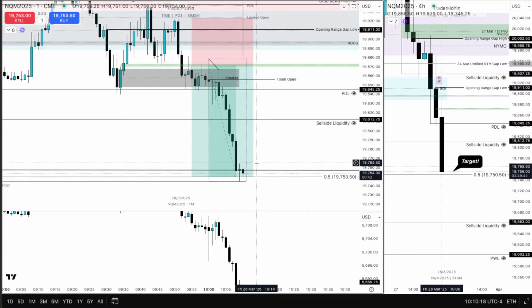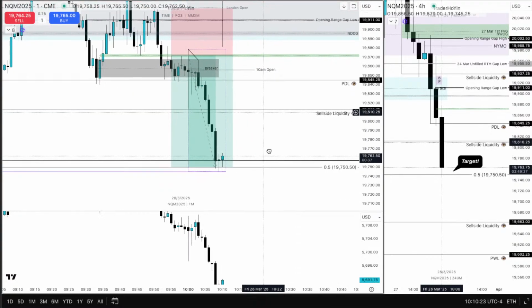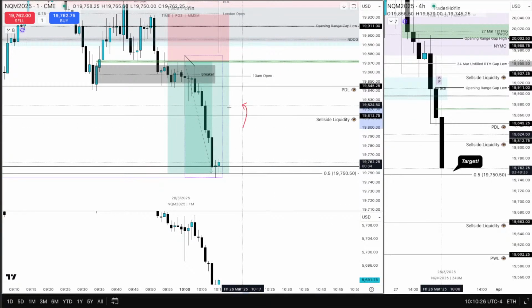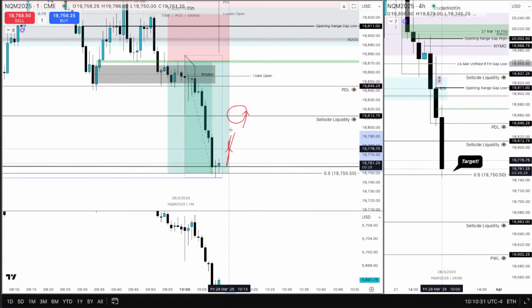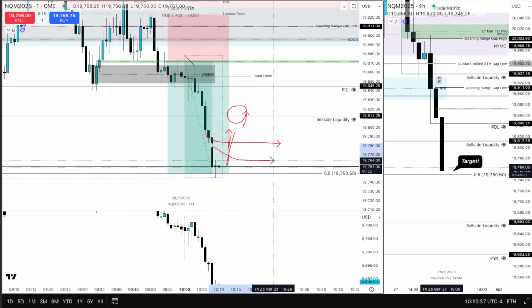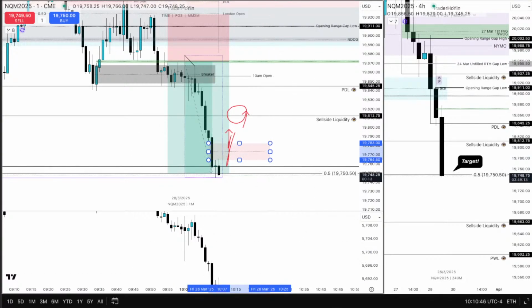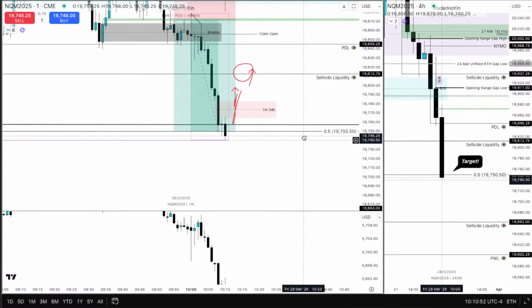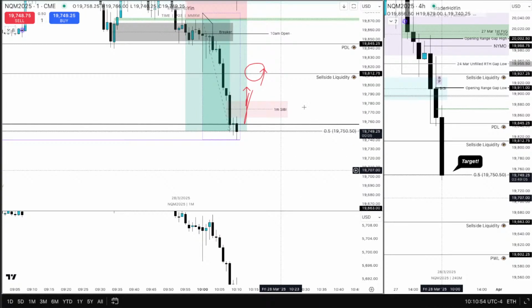So first we need to wait for a swing high to form around here, with a displacement around this level, and then you have a 1-minute inversion. Then you can think about a long, but for now just don't enter a long. There's no reason to long.